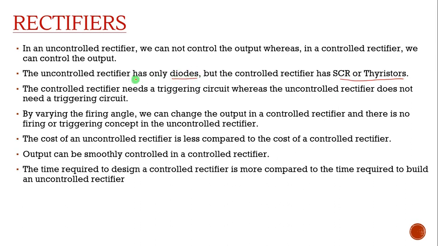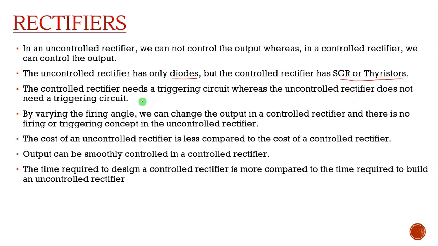When we use diodes it is an uncontrolled rectifier, and when we use an SCR or thyristor, the rectifier becomes a controlled rectifier. If you use both SCRs and diodes, it is a semi-controlled rectifier. Controlled rectifiers need a triggering circuit, whereas an uncontrolled rectifier does not.